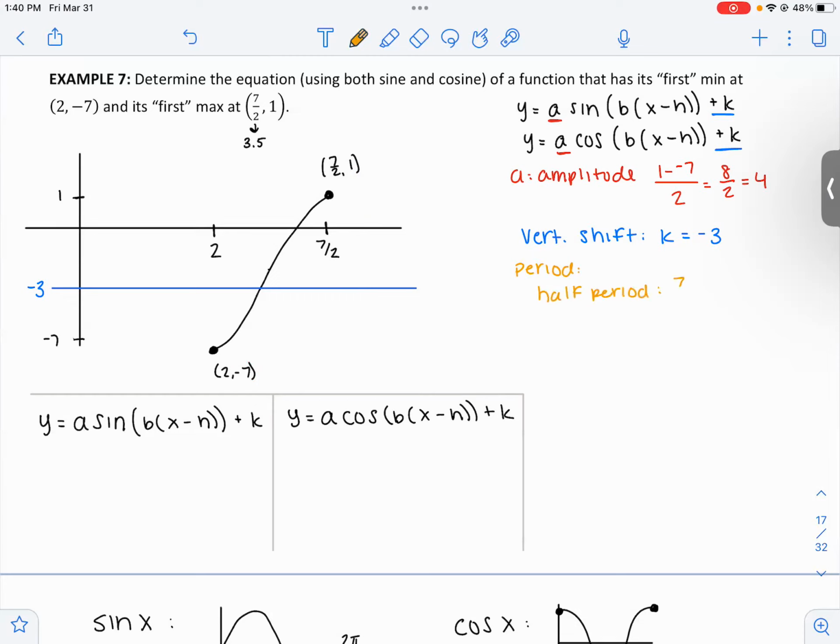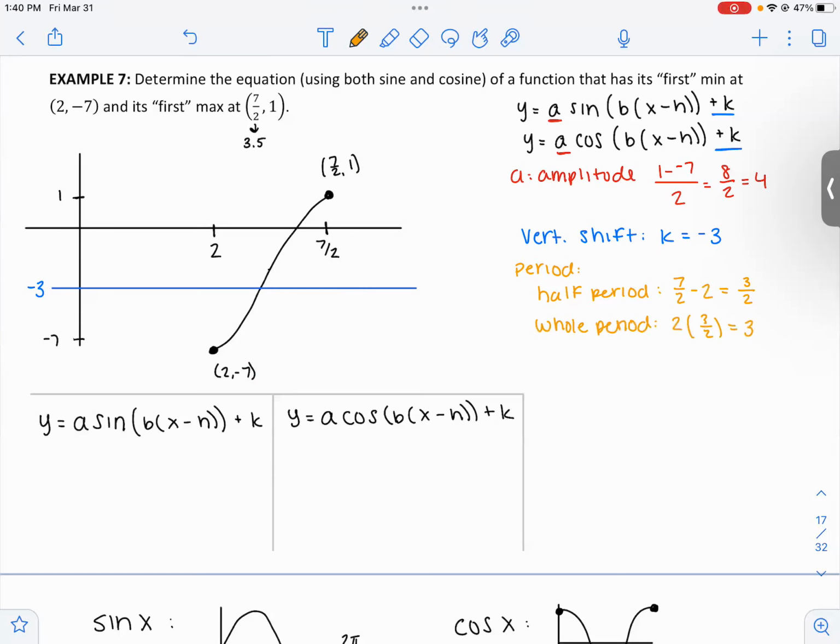So in this case, 7/2 minus 2, which is 1.5. So it takes me 1.5 units to go half of my period, which means that my whole period, we would double that. So that would be 2 times 3/2, which is 3.